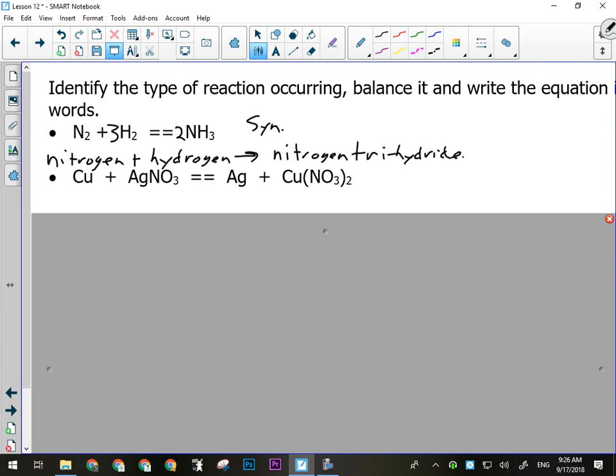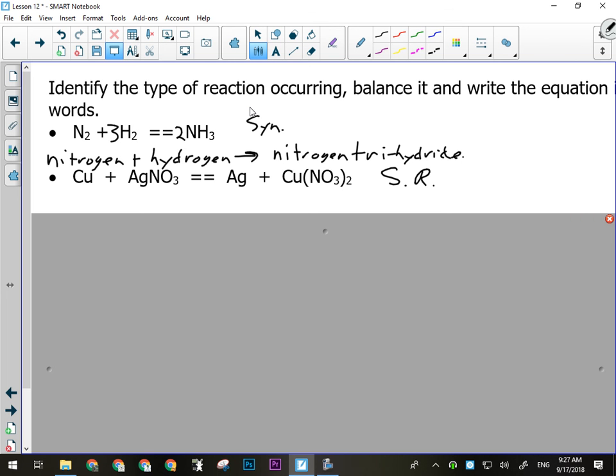How many people are done the second one? All right, let's look at that one then too. What kind of reaction is that? That reaction should look really, really familiar. It's a single replacement reaction. It was the example for the single replacement reaction: copper plus silver nitrate made silver and copper nitrate. So this is single replacement.